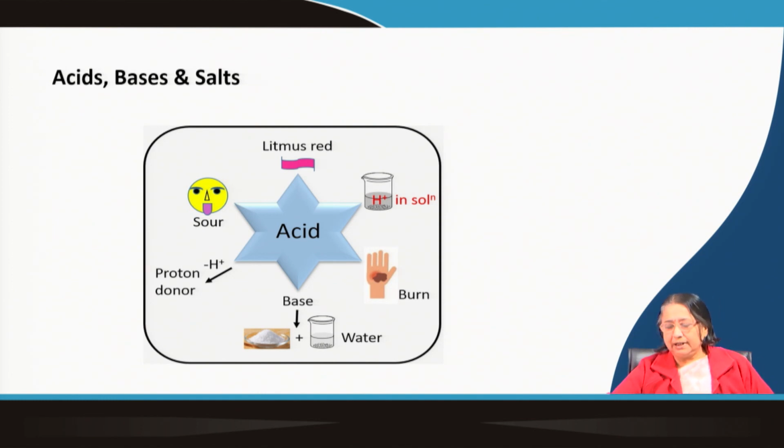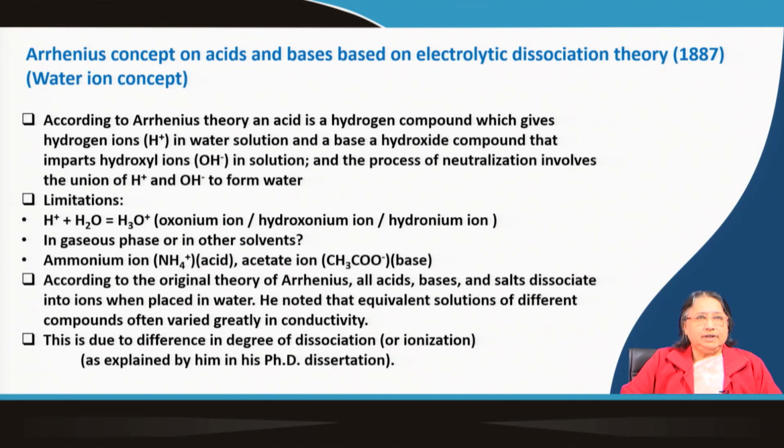The first modern concept was given by Arrhenius, and he said that an acid is something which gives hydrogen ions in water solution, and a base is something which gives hydroxide ions, and the neutralization process is nothing but the union of H plus and OH minus to form water.